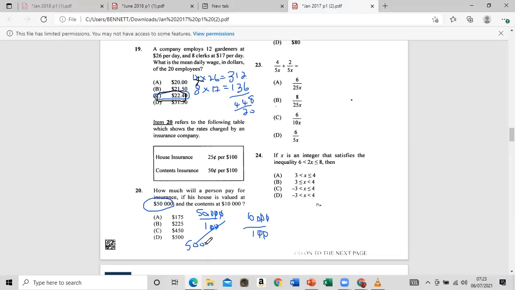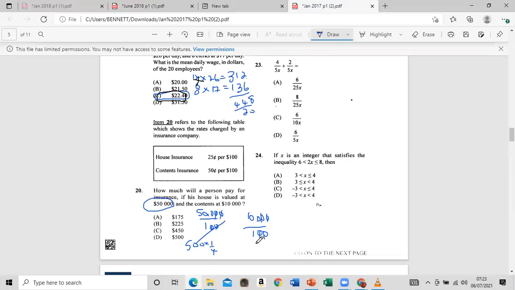I could just say a quarter. It's easier to divide this by 4. And this is 50 and this is half. So 100 times a half. On a calculator, this works out to 50. So we have 50.